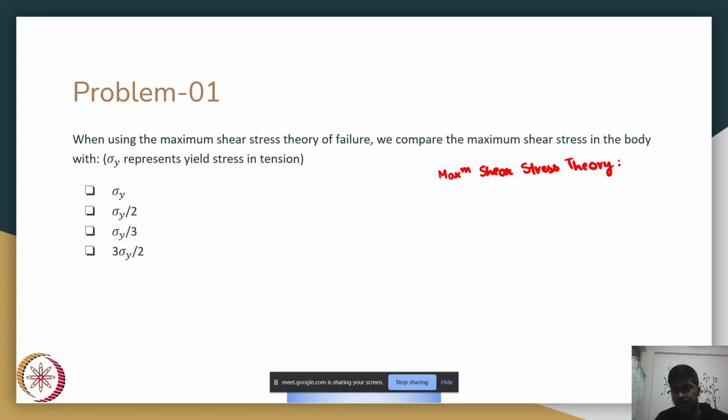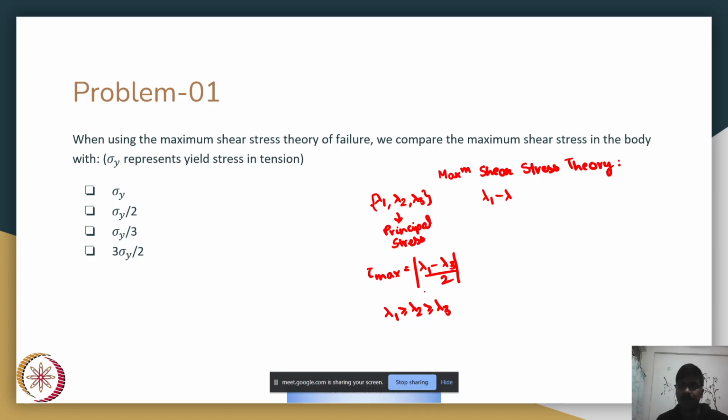It basically says that if lambda 1, lambda 2, and lambda 3 are your principal stresses, then from Mohr's circle, for the 3D case, we know that your tau max is essentially the mod of sigma 1 minus sigma 3 by 2, where I'm writing sigma 1 greater or equal to sigma 2 greater or equal to sigma 3, in descending order.